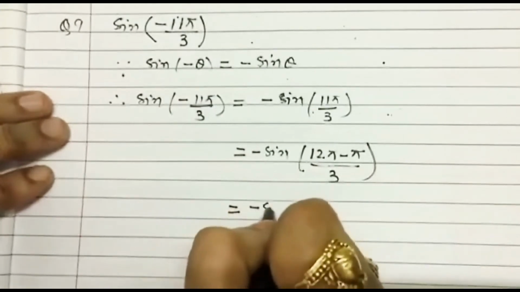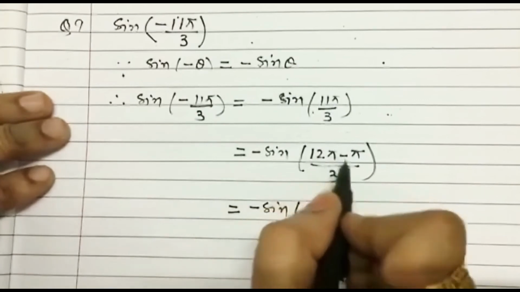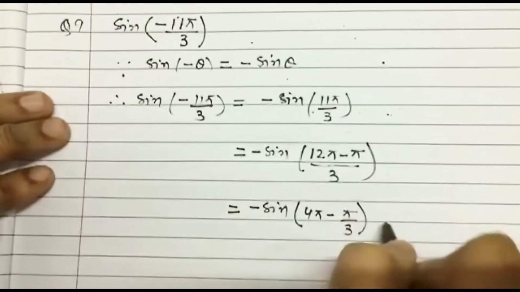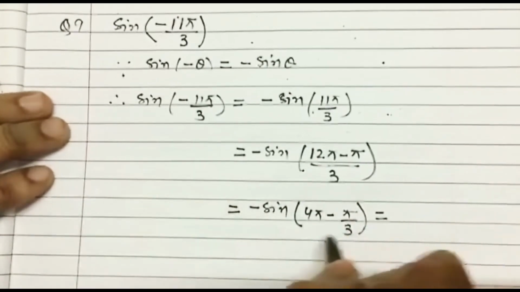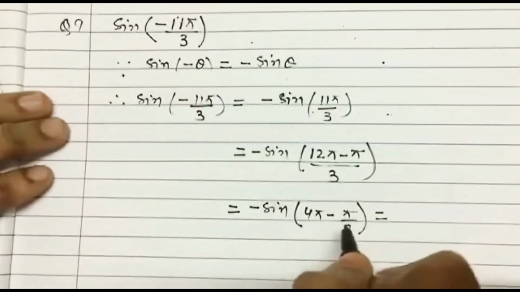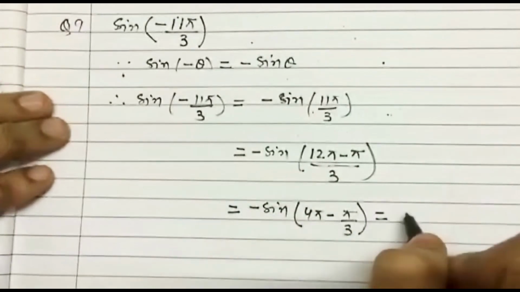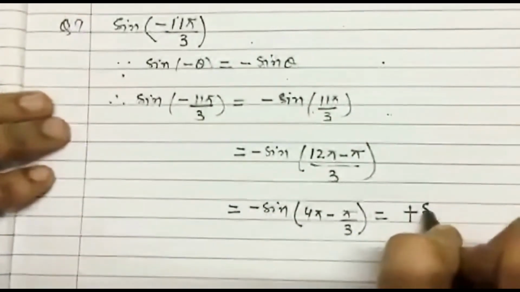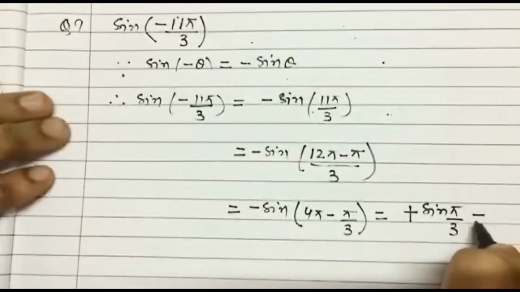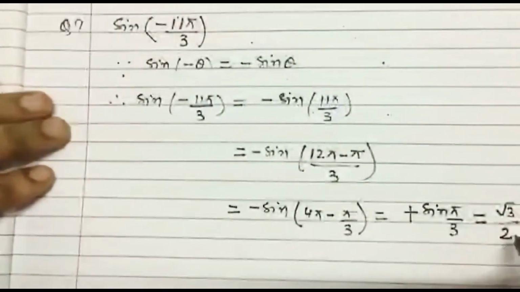Divided by 3, 12 pi gives 4 pi, so 4 pi minus pi by 3. It's 4 pi minus theta, which means fourth quadrant, and in the fourth quadrant sine is negative and it is already negative, so it becomes plus sin pi by 3. The value of sin pi by 3 is root 3 by 2.